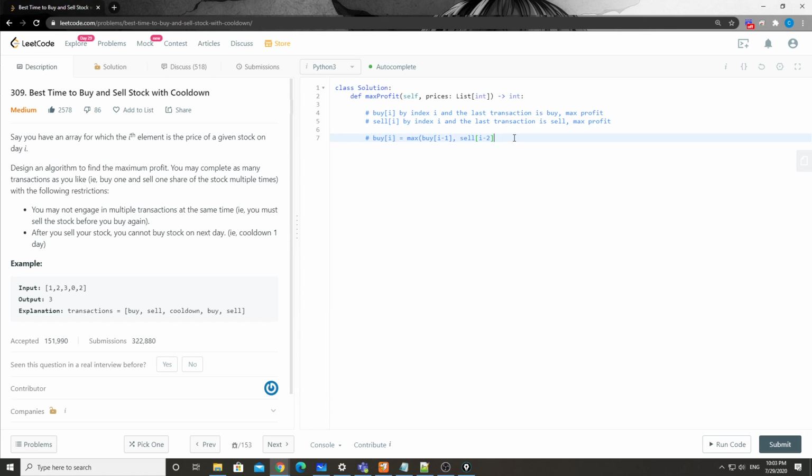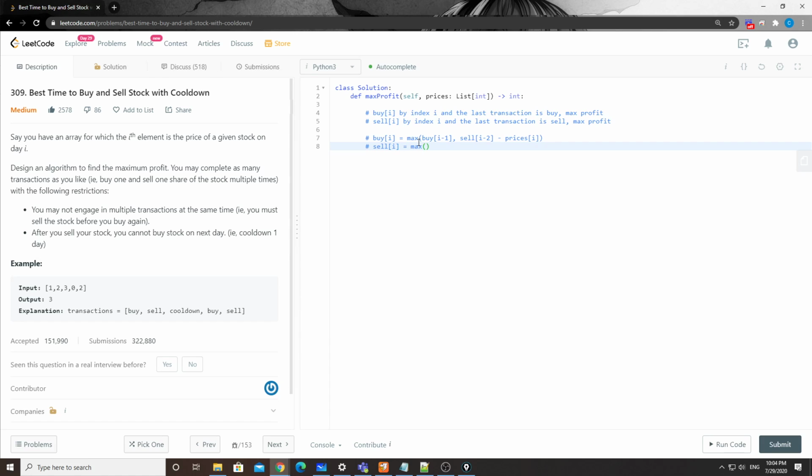And to buy it, we have to subtract the price, because to buy a stock we are spending money. So that's the state transition function for buy i.